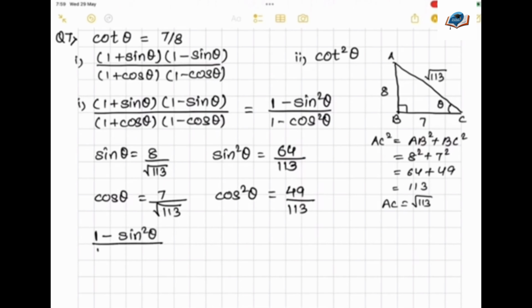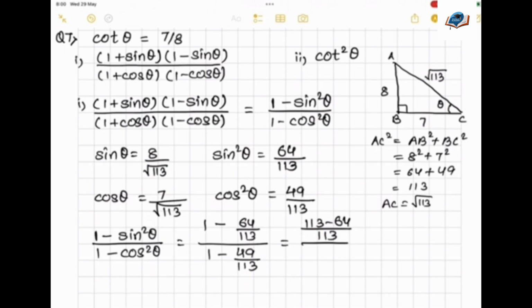Now putting the values, 1 minus sine square theta upon 1 minus cos square theta will be equal to 1 minus 64 by 113 whole upon 1 minus 49 upon 113.